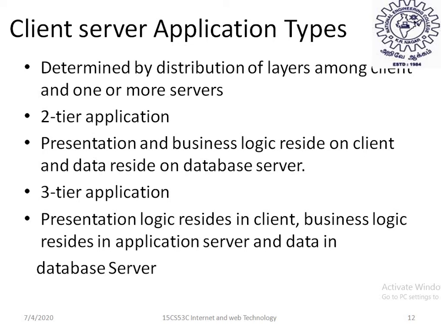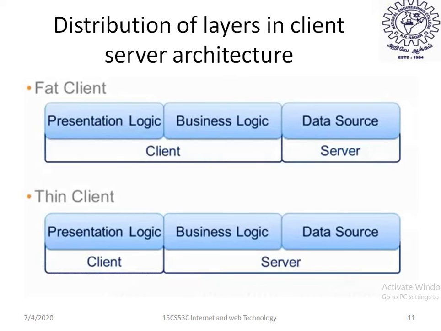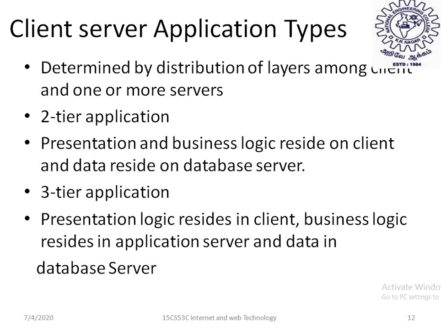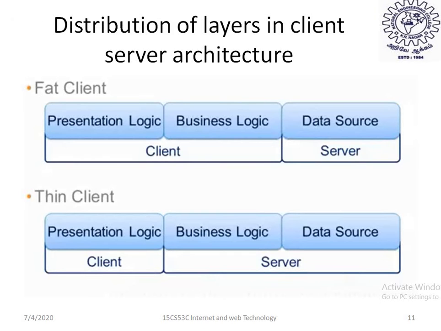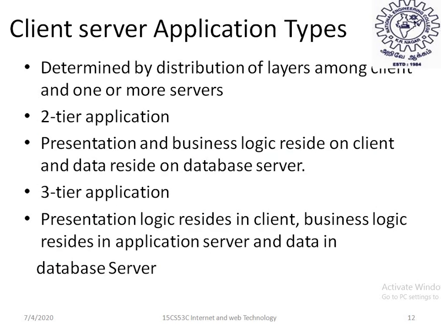So again the same thing, determined by the distribution of layers among client and one or more servers. The fat client, which we call as 2-tier architecture, whereas thin client, which we call as 3-tier architecture. In 2-tier architecture, presentation and business logic resides on client and data alone reside on database server, whereas in 3-tier architecture, presentation logic resides in client, business as well as data should reside in a database server.